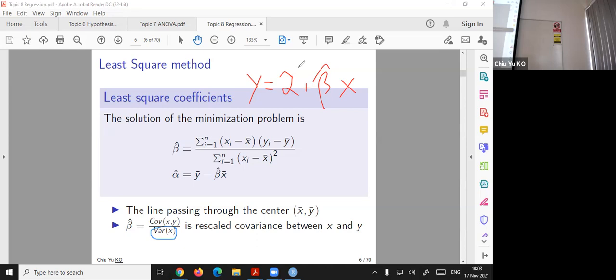If your x is multiplied by 10 times, the numerator will be multiplied by 10, because each data point is 10 times more and the mean is also 10 times more. The denominator will be 10 times more, but the square is 100 times more. So 10 times over 100 times is one tenth of the original beta, and that actually fits our equation because x is 10 times more.